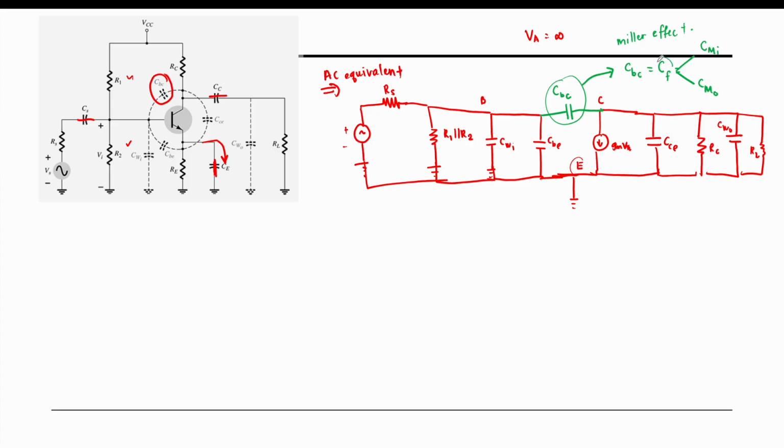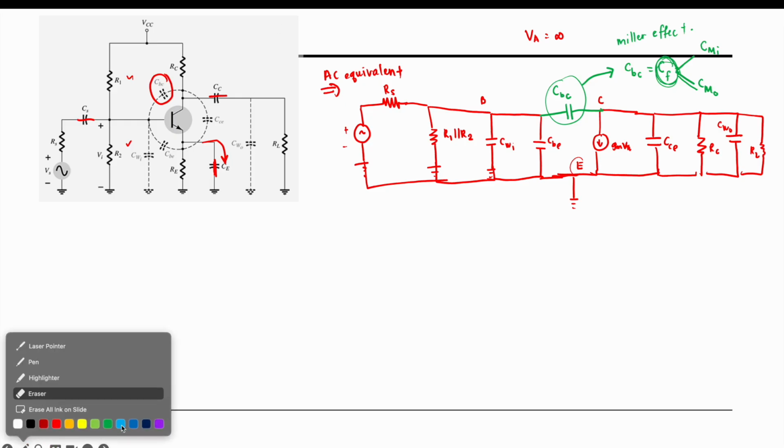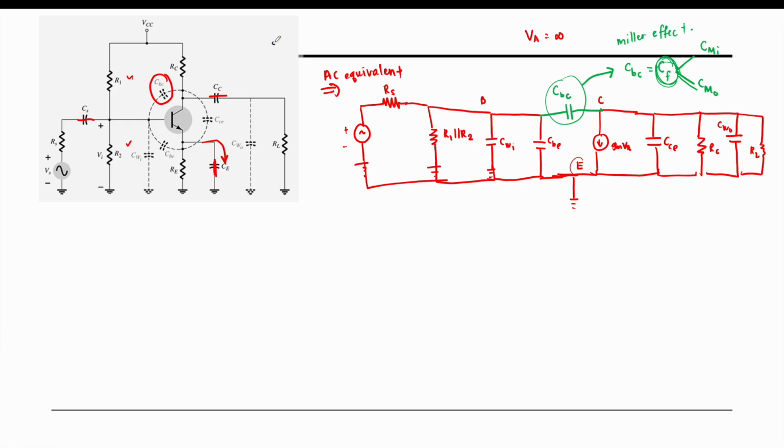Based on our calculation, this CF can be divided into CMI and CMO. Let me make the drawing a bit lower. This is A, this is our input voltage, this is our output voltage, and this is your CF.